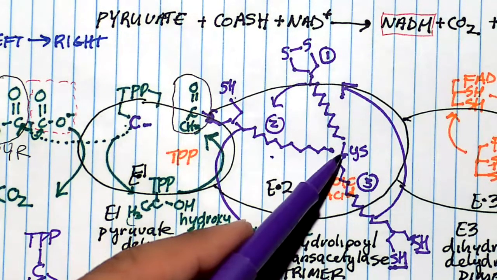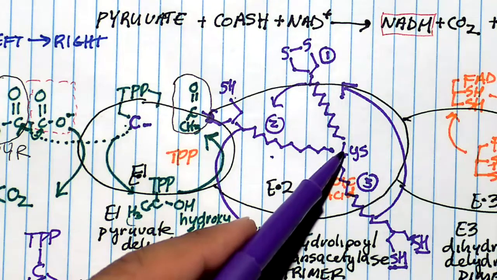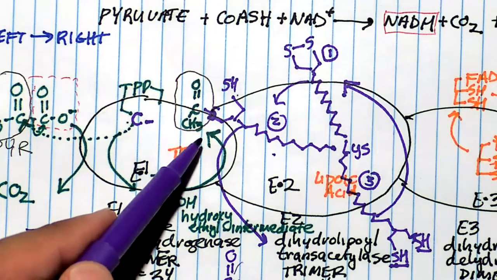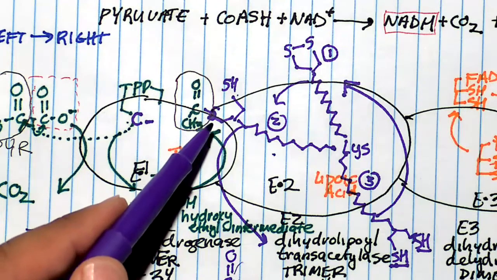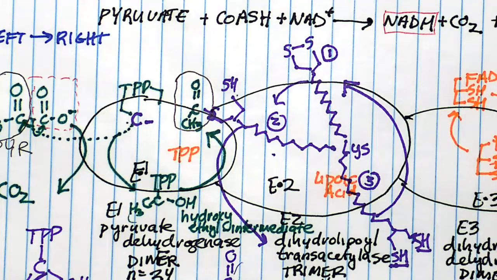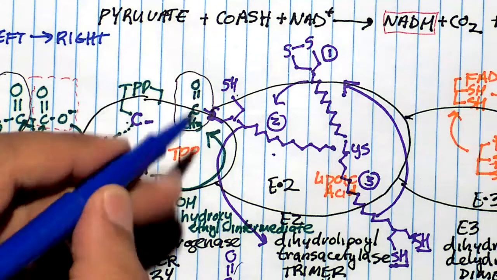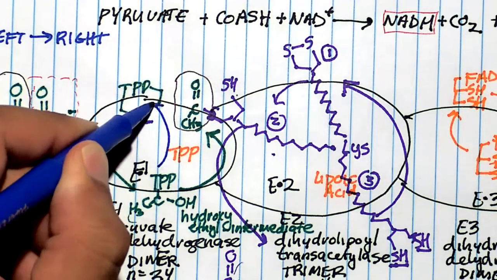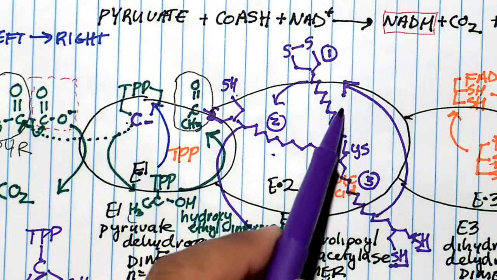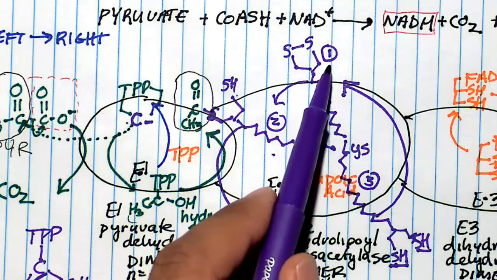Lipoic acid is conjugated to lysine. And so the hydroxyethyl intermediate comes and is donated to the sulfur, thus breaking this disulfide bond. You regenerate the TPP so that it can occur for another round of catalysis. So that's step 1 of the lipoic acid chain.